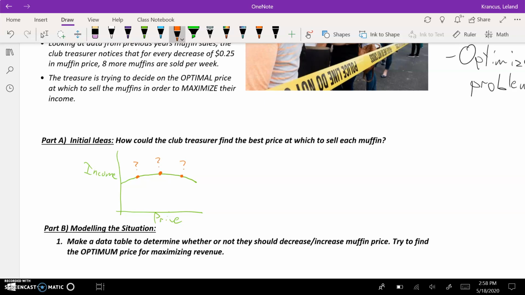Like, if they increase their prices, is that going to increase their income, or is it going to dig into their income in lost muffins sold? Or if they decrease their prices, is that going to increase their income because they sell more muffins? Or is that going to decrease their income because they're selling those muffins and making less for each muffin sold? So the question is, which side of the curve, which side of that sweet spot are they on?